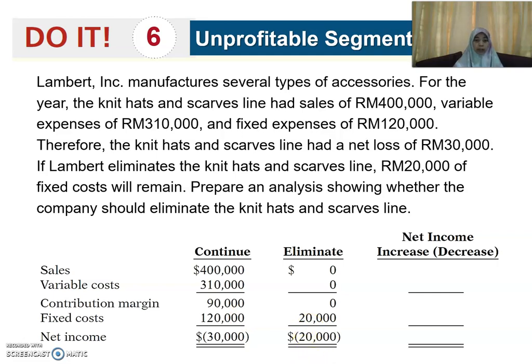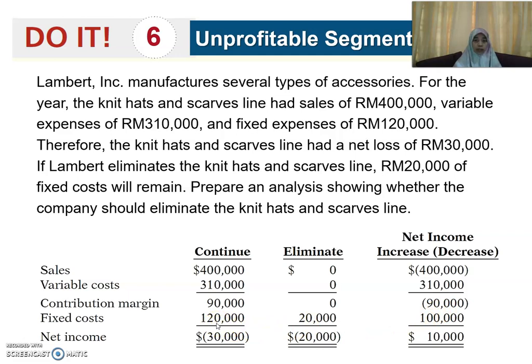So what about your net income? Your net income will be negative 20,000 if you eliminate it. So what's the effect on your net income, increase or decrease? The effect will be a positive net income change of 10,000. Remember, if you continue you have the 90,000 contribution, but what about the fixed cost?